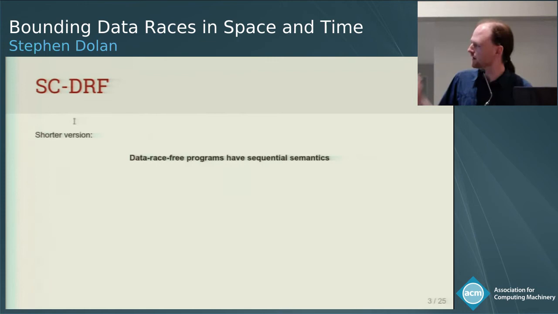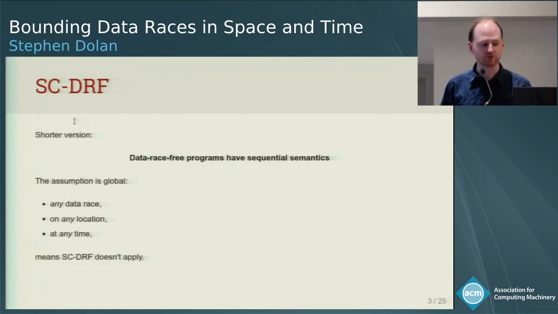But this assumption of data race freedom is a global assumption. If there's any data race on any location at any time, then this doesn't apply. One data race in the program means all bets are off. This is more or less par for the course for unsafe languages like C and C++, where one integer overflow anywhere in the program means all bets are off.